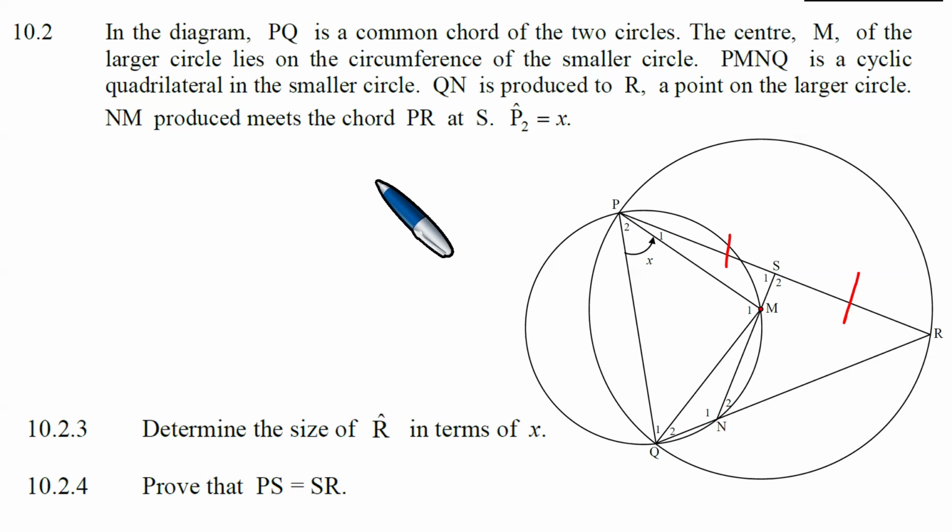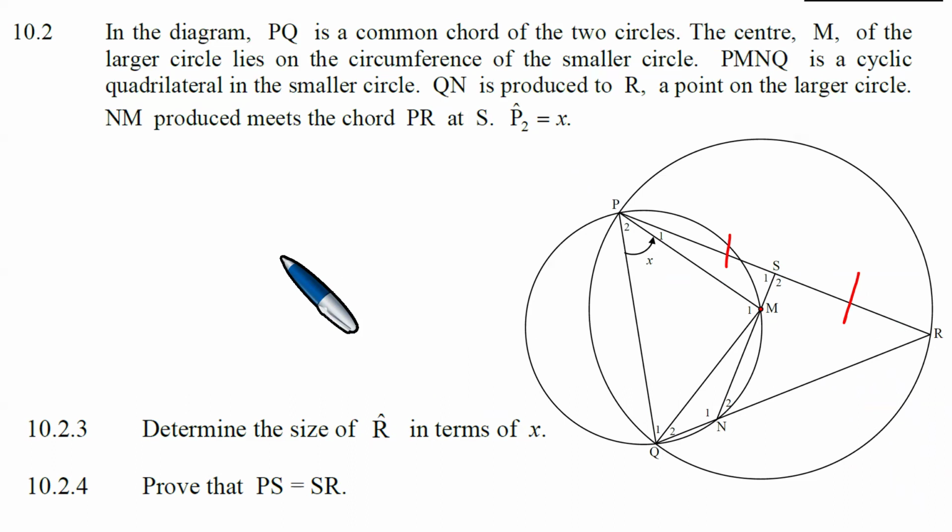But I know that PR is a chord. Yes, we know that PR is a chord because M is the center of the circle. M is the center of the larger circle. Right, that we know. And PR is a chord that doesn't pass through the center of the circle, and therefore it is not a diameter, for example.